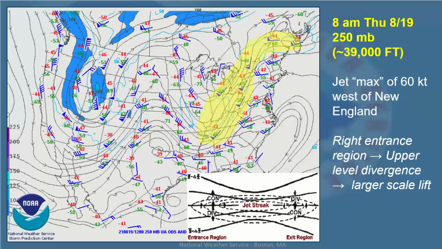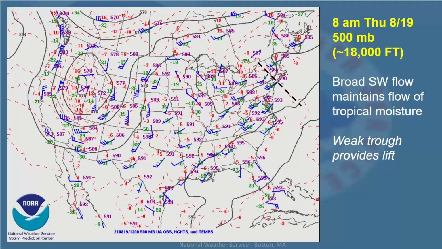If you have air that is diverging at the top of the atmospheric column, you're going to help encourage low-level convergence, and that's what we look for when we look at the upper level jet stream diagram. We want to see evidence of divergence, and in this case, by being at the right entrance region, there's upper level divergence, and it encourages large scale lifting.